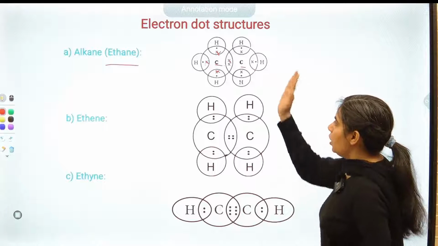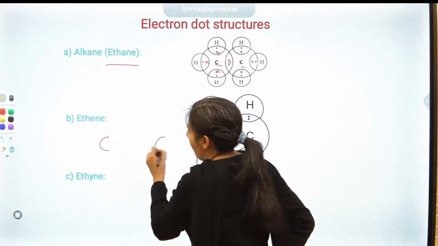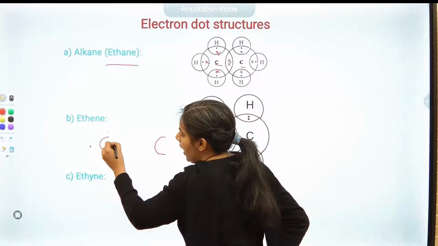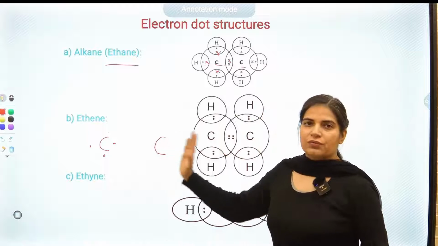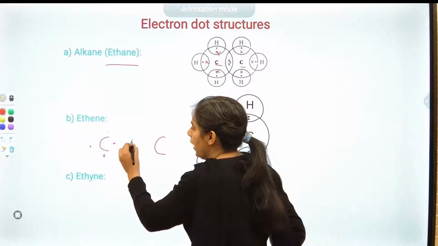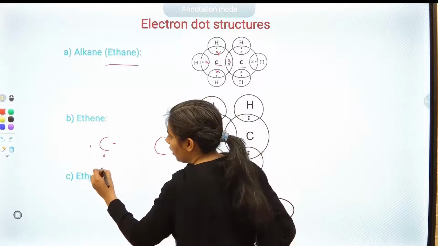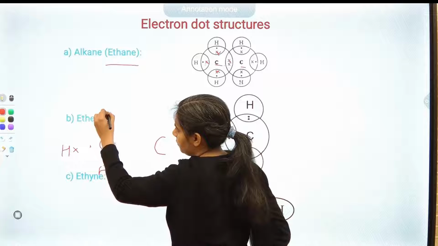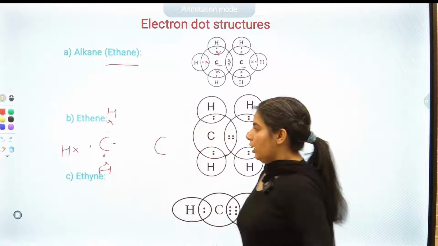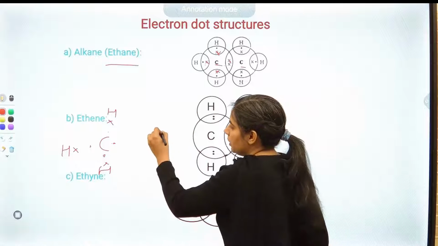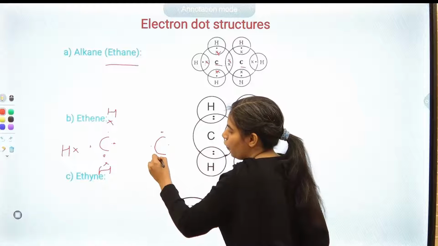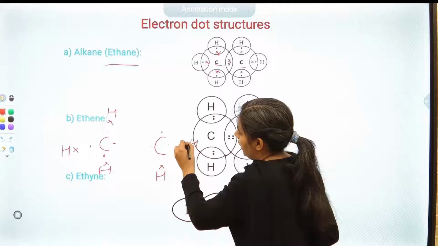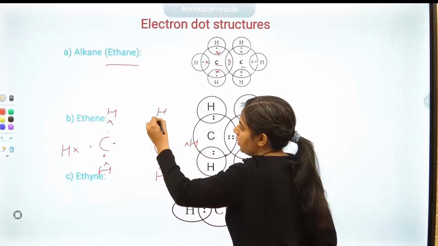In the electron dot structure, I am representing 4 electrons of carbon with 4 dots, and in case of hydrogen, I am representing it with a cross. The same for the next carbon. This carbon has 4 electrons and each hydrogen electron is represented by a cross.